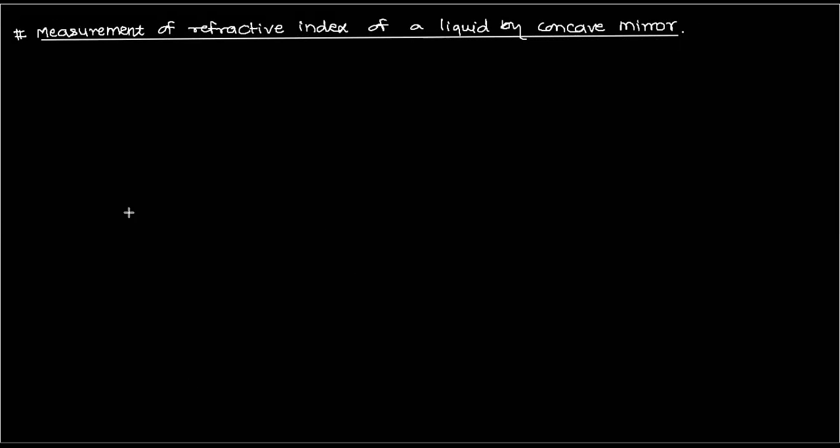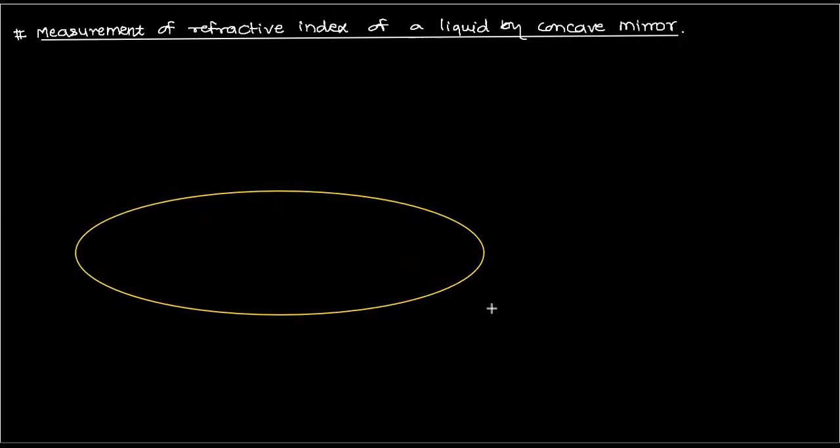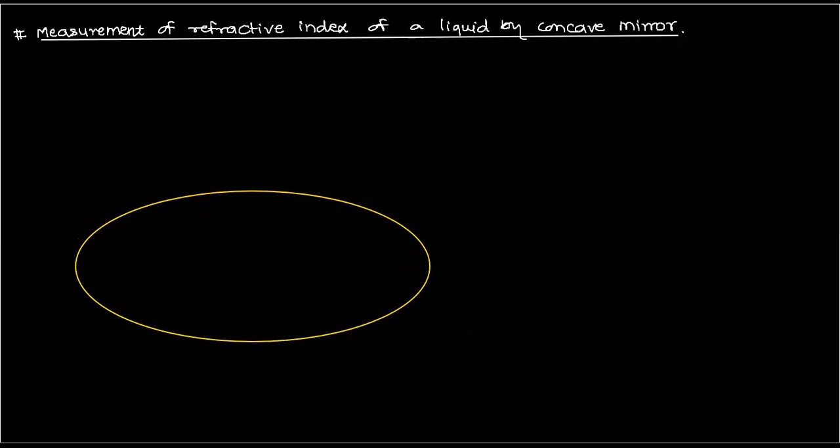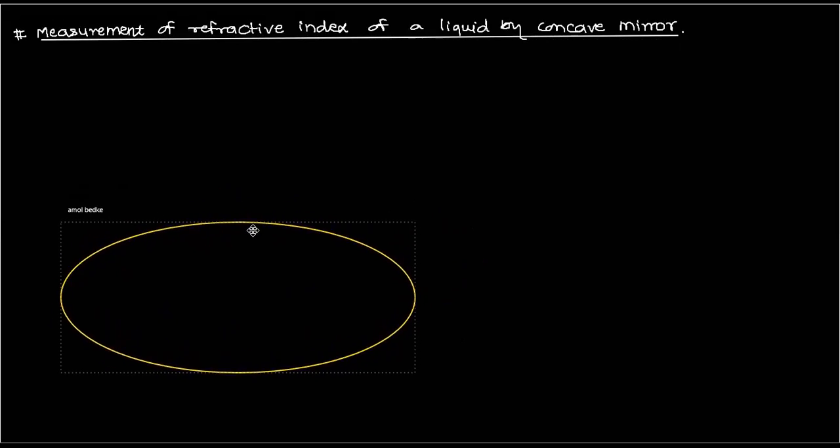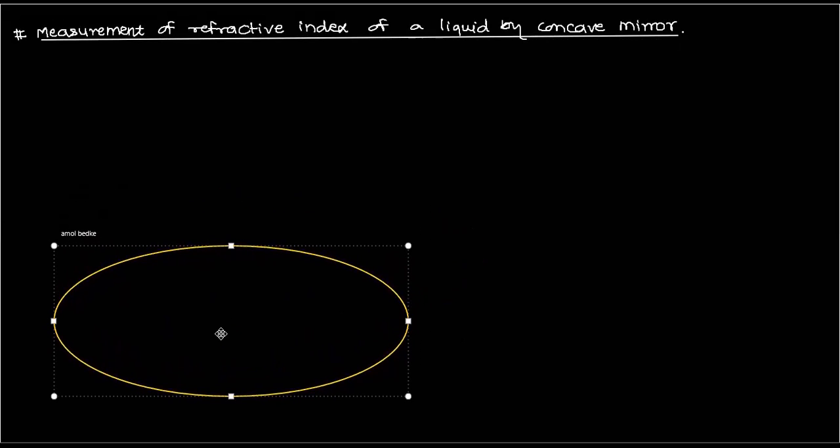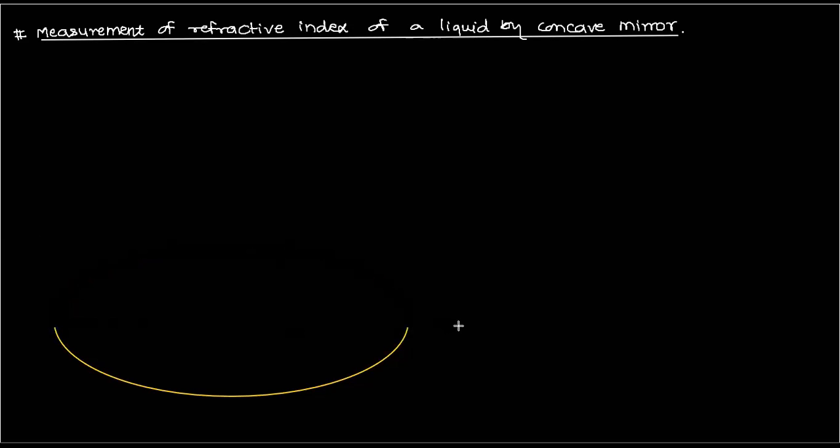So for that, what to do? See, first we have to take a concave mirror, something like this. Okay. Concave mirror we have to take, and we have to keep it like this.